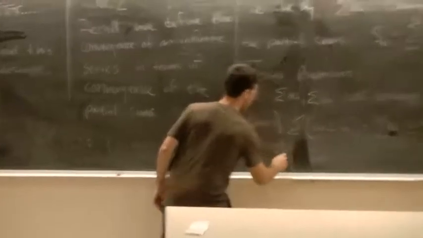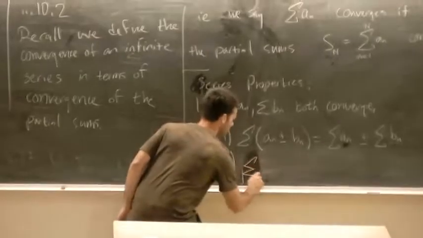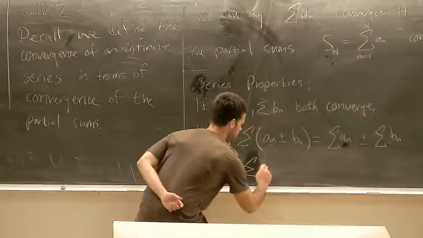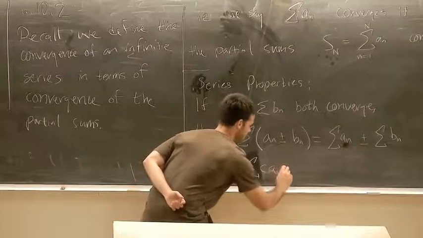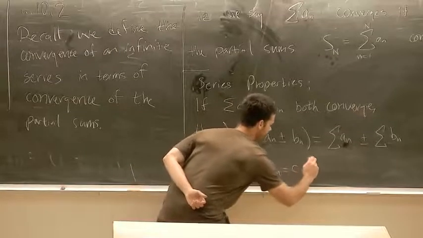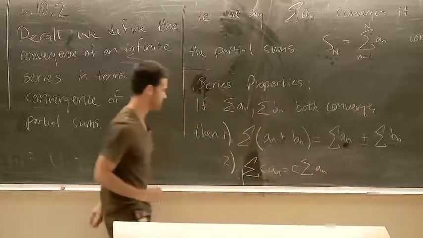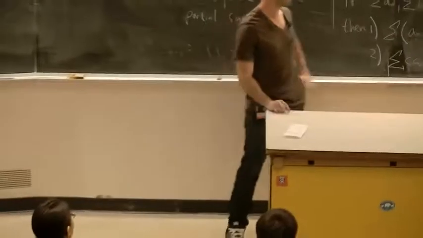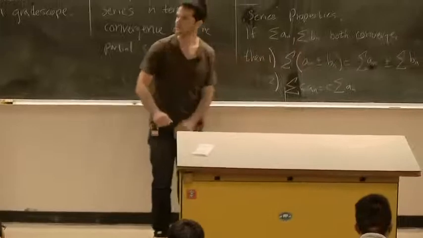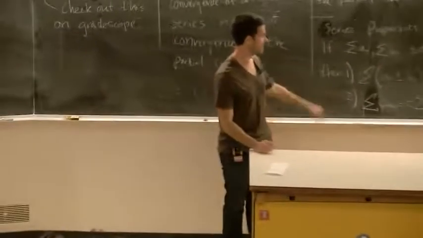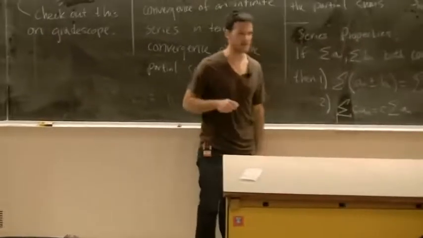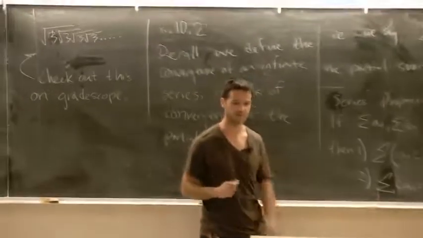A second property is you can multiply through by a scalar. So the sum of C times a_n is C times the sum of a_n. I could prove both of these, but in the interest of time, I won't. It's not that hard. I'm going to prove some other much more interesting things today.